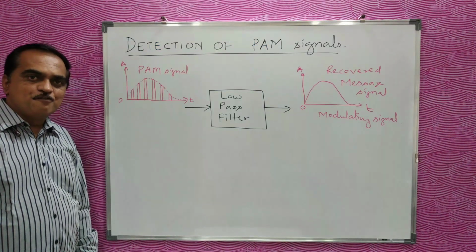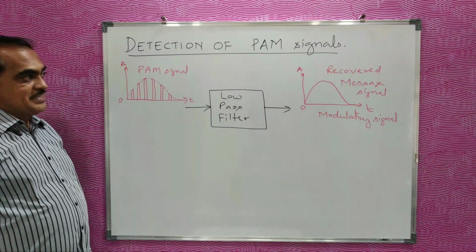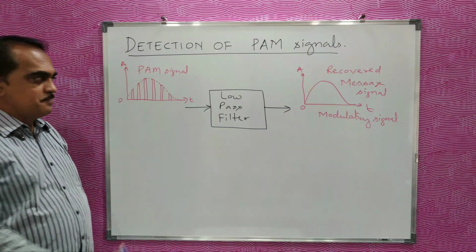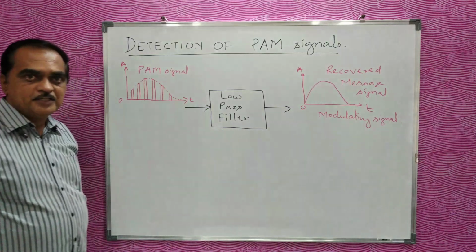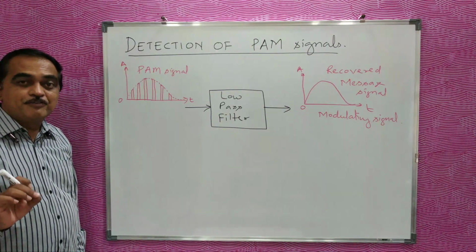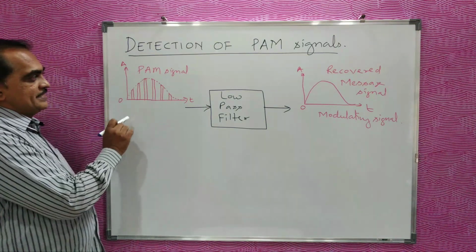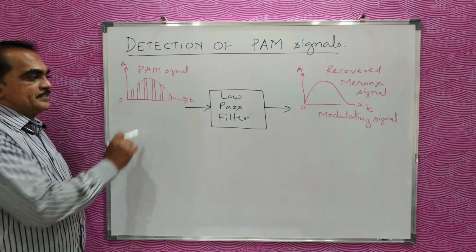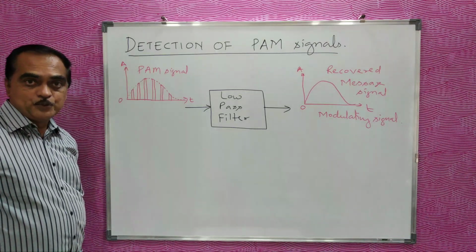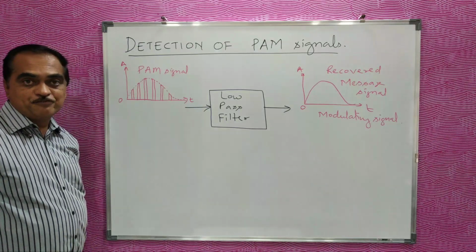Dear students, now we will see the detection of PAM signal. In this circuit, we have a simple low pass filter, which is going to work as an envelope detector of every sample. Here the input is all these samples which vary in amplitude according to the information signal at that instant of time.